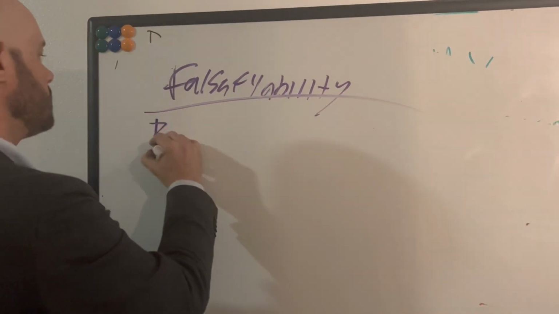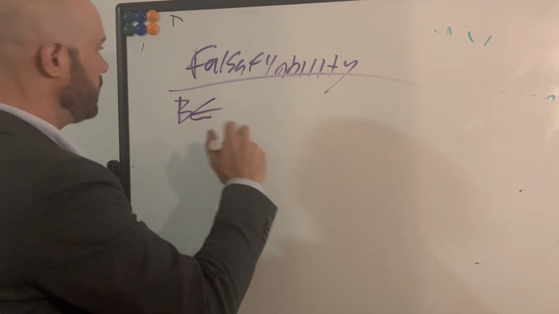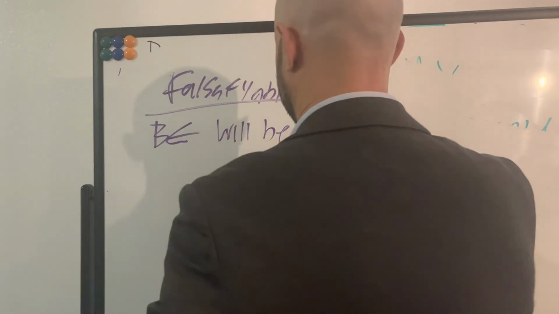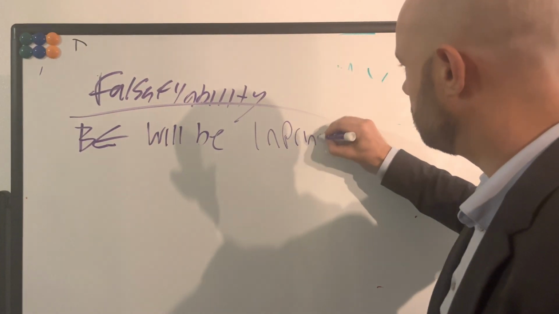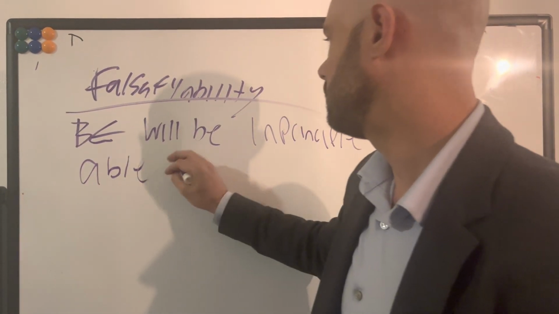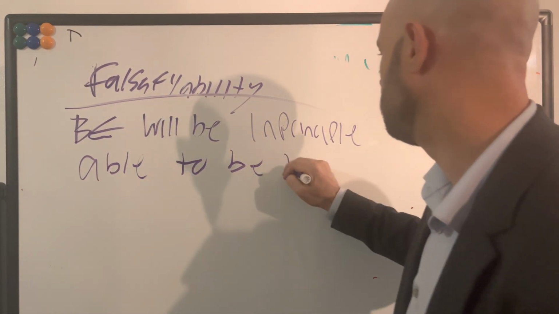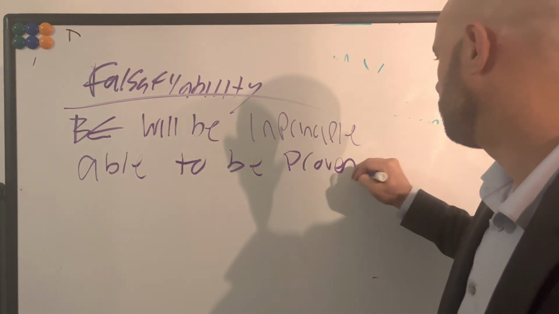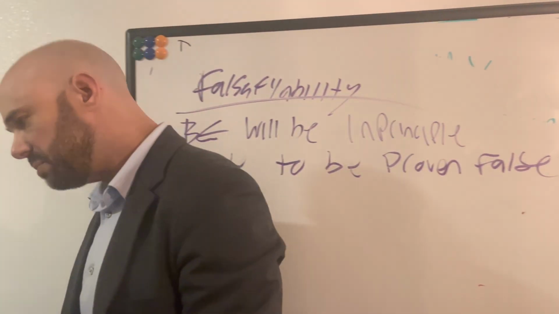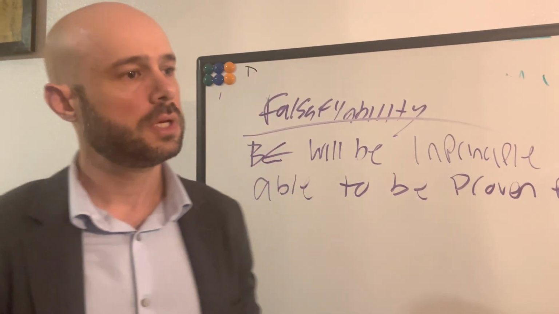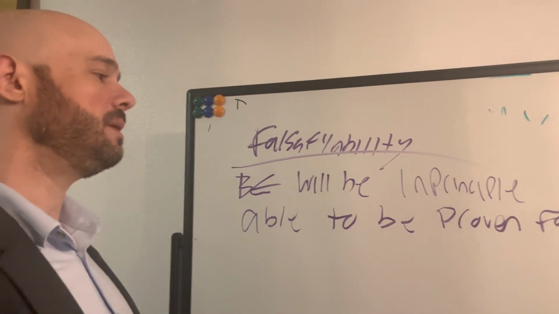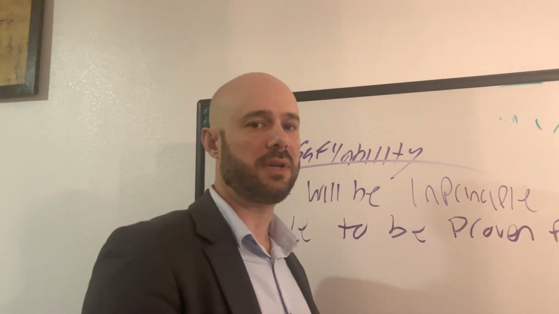So the best explanation will be, in principle, able to be proven false. So in principle, an explanation should be able to be proven false. It doesn't mean that the explanation is false. It doesn't mean that at all. It just means that in principle, you can marshal evidence against it.